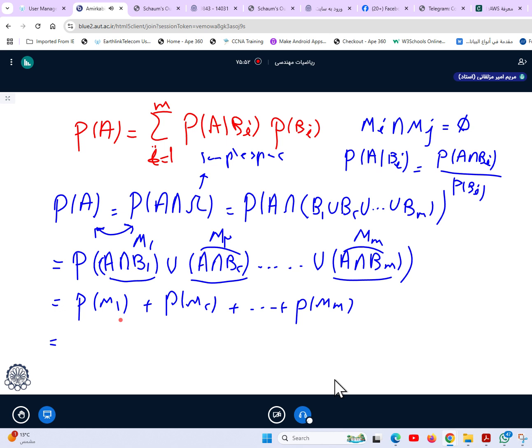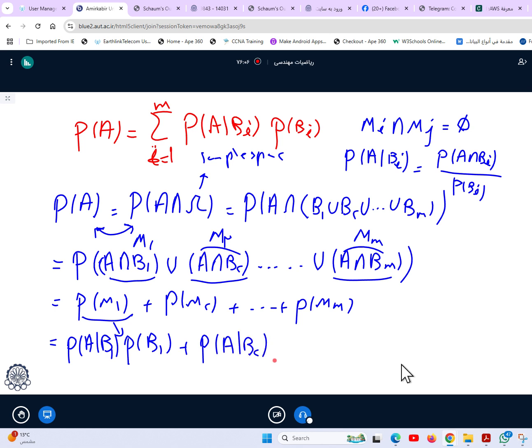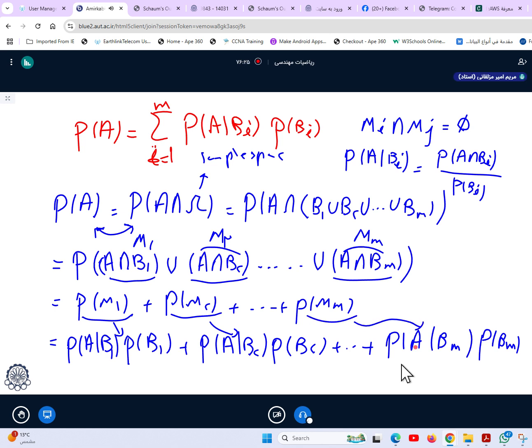So we use the formula that we have discussed before, and we proved total probability theorem.